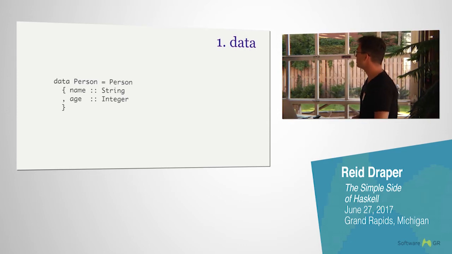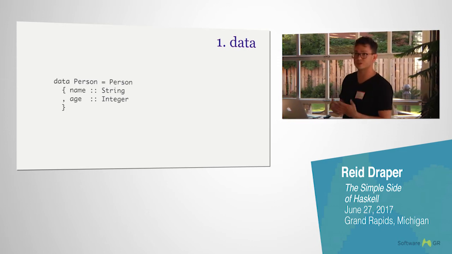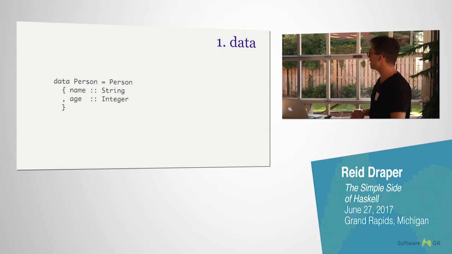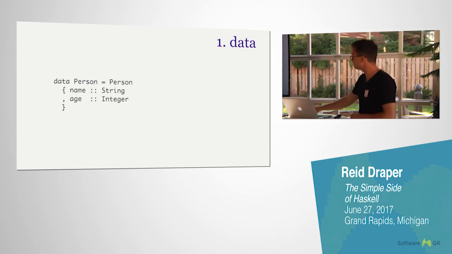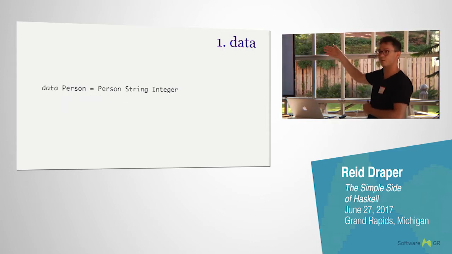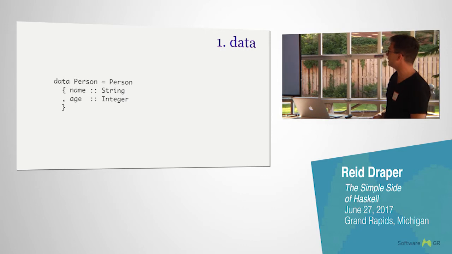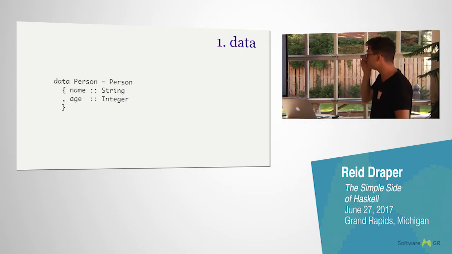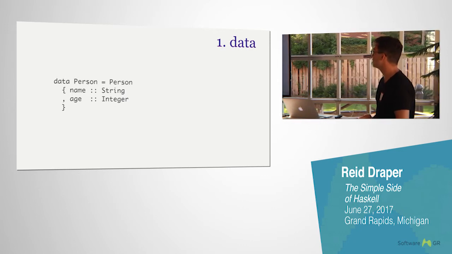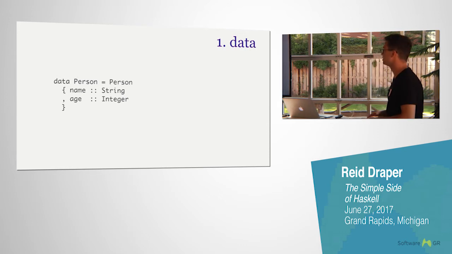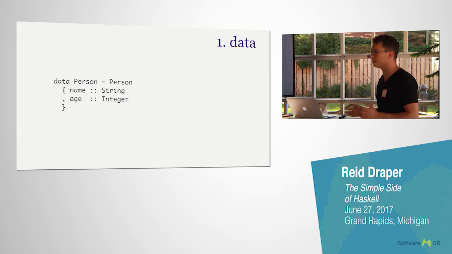So a person has a name, which is a string, and they have an age, which is an integer. And so instead of dealing with things in a positional way, like the first field means name, the second field means age, we can just give them field names. Again, if you've used object-oriented languages or languages like C that have structs, this is all pretty familiar.